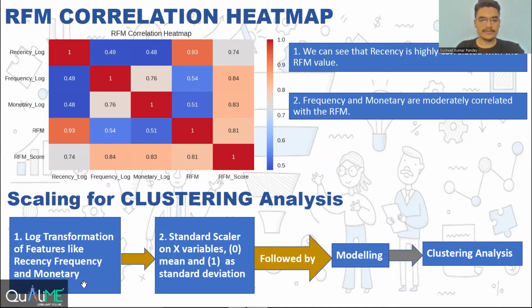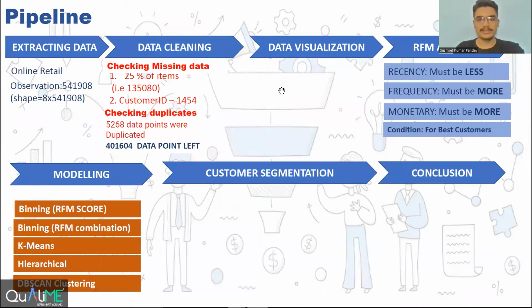So first of all, we did log transformation on all the continuous features of the RFM dataset, and then we applied standard scaler to scale the inputs, and then we applied some algorithms and started modeling to segregate the customers. This is the pipeline and steps which we followed.